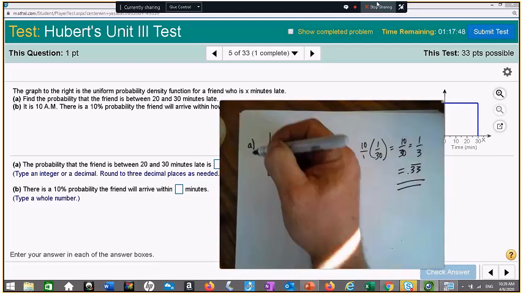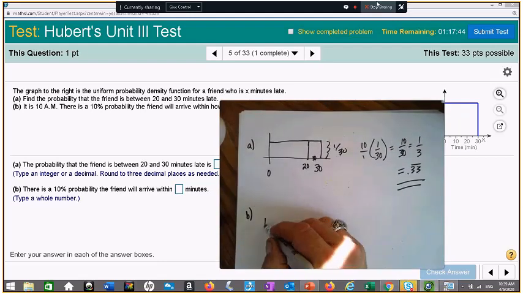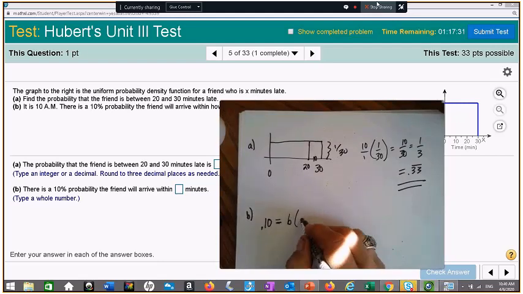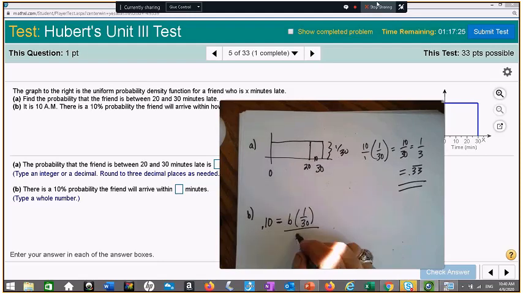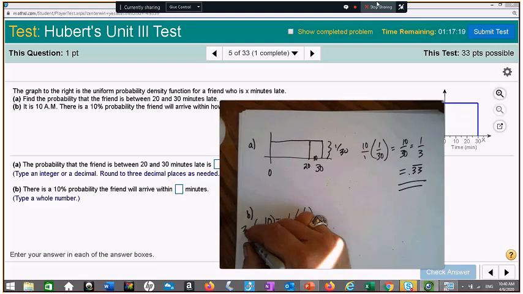The second part will be 10 is equal to, or 0.10, sorry, not 10, because it can't be above 1. 0.10 is equal to base times 1 over 30. Okay, so that's going to be divided by 1 over 30, divided by 1 over 30, which means you're going to multiply by 30.